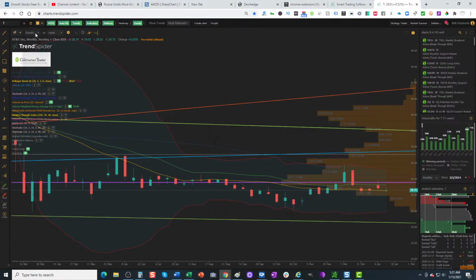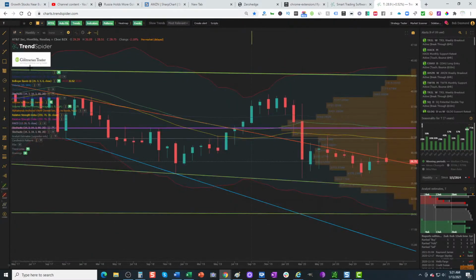T. I haven't even thought about T. They have a good yield. Oof. The monthly chart is not pretty. A lot of resistance here. Big reversal bar last month, another one this month.